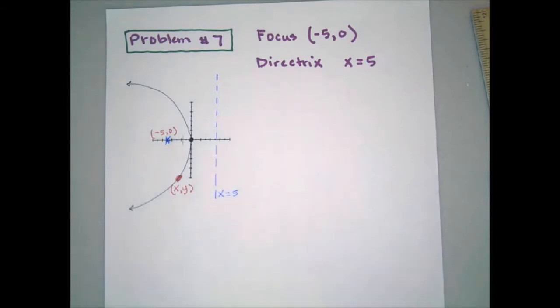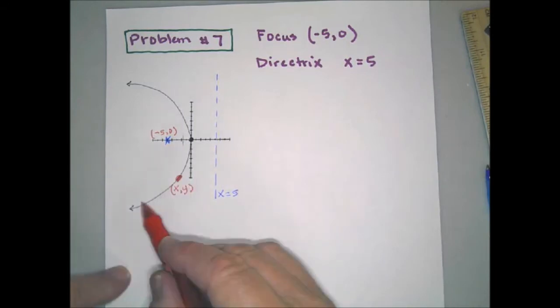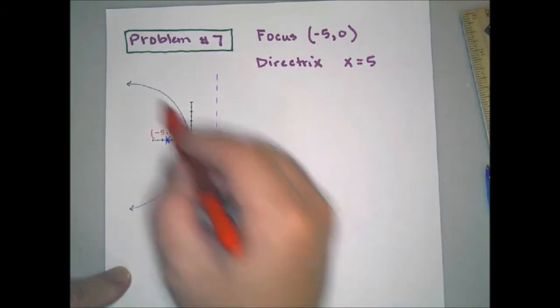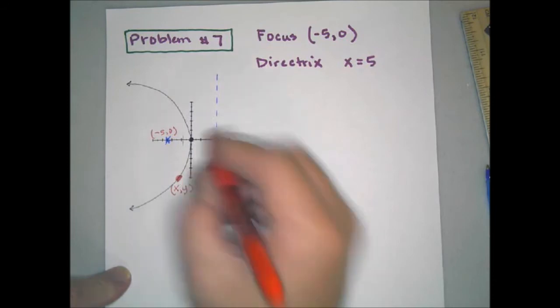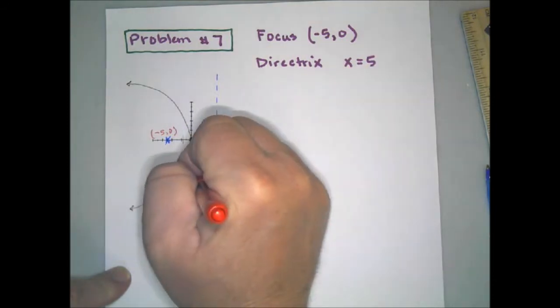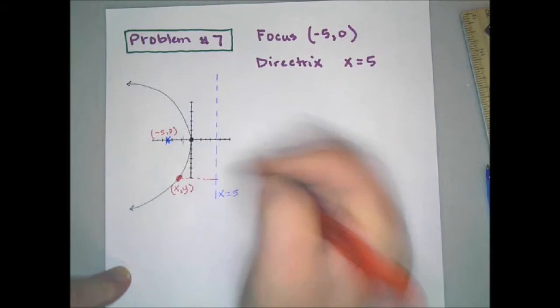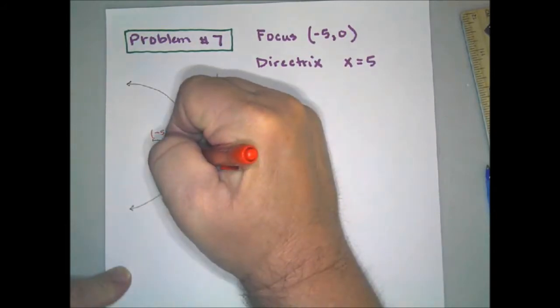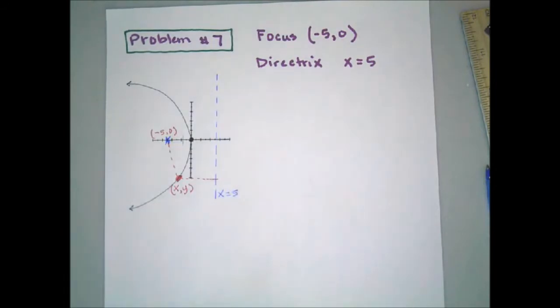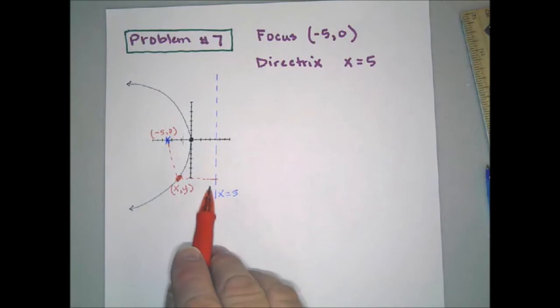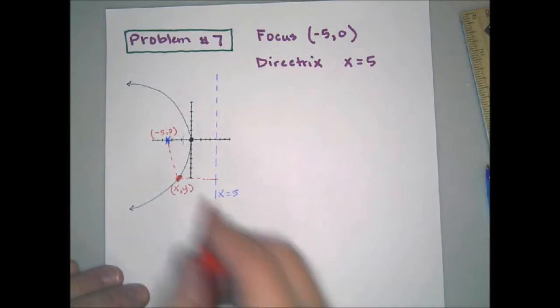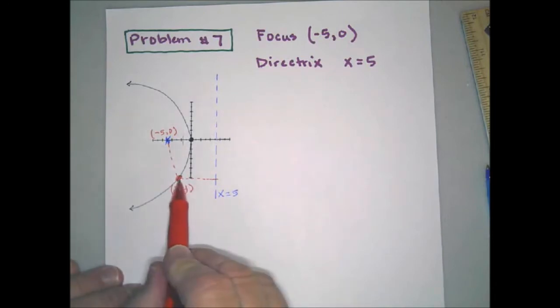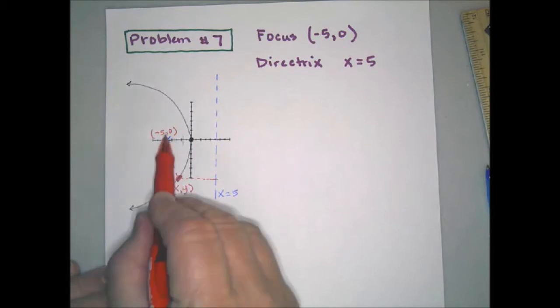We're going to use the definition of the parabola that says every single point on the curve is equally distant to the directrix, right here, and to the focus. So those two distances are equal. So that means we need to do the distance formula. Let's do the distance formula from the selected point to the focus.